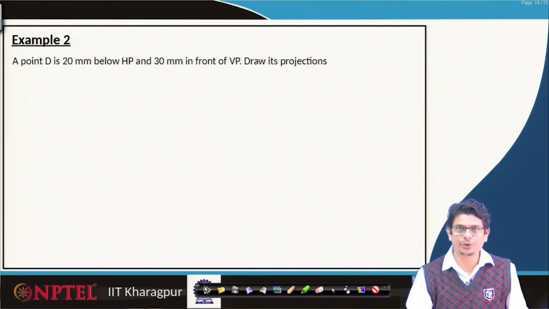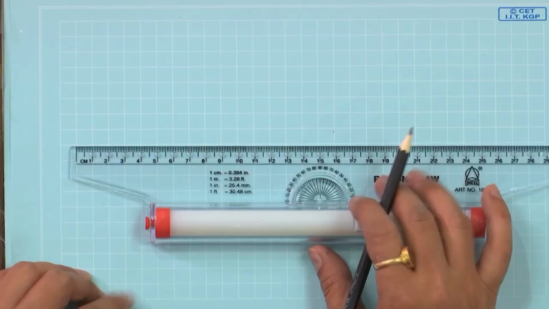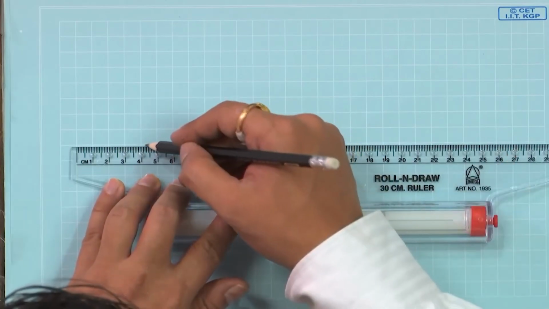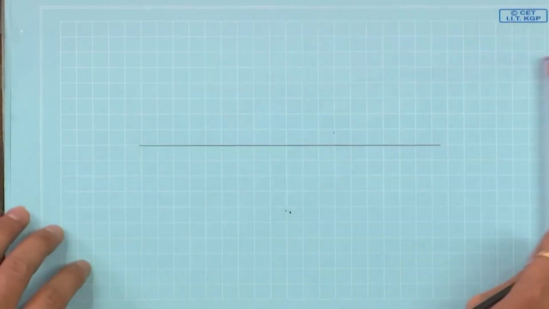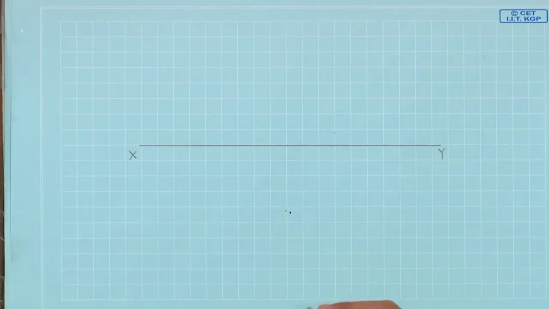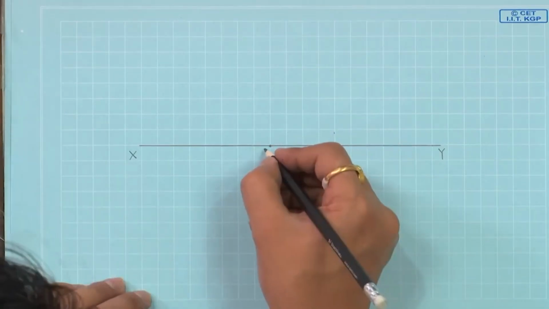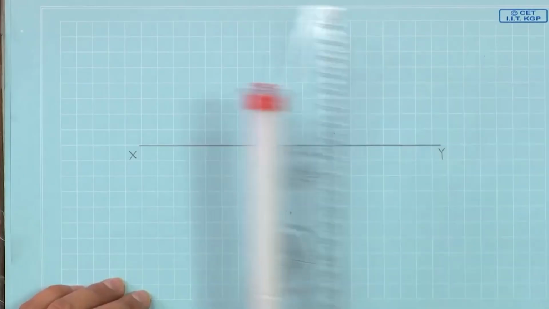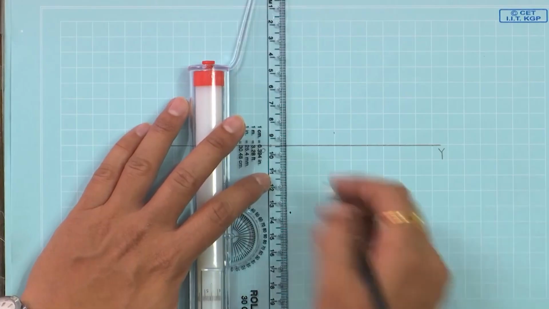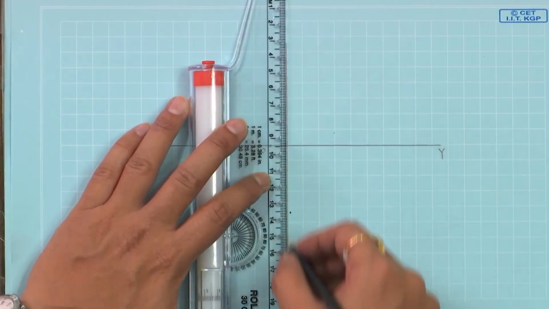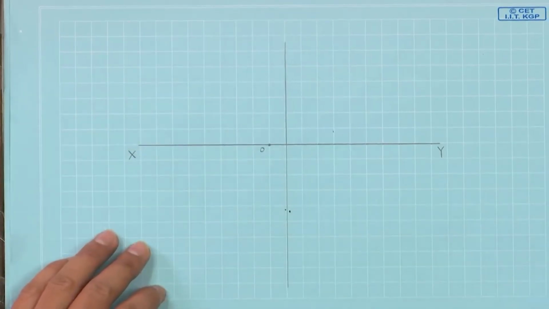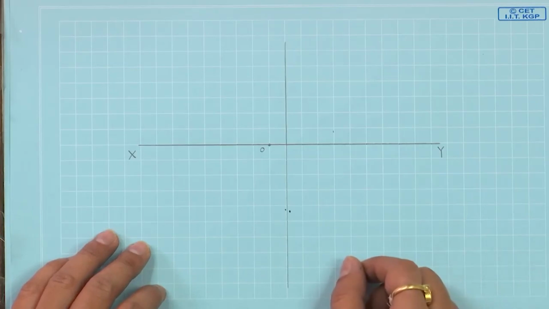So, first of all we have to draw the xy line. Name it x axis, y axis. Somewhere the origin, pick it O. Now, draw a perpendicular line. On this perpendicular line, what we have to do? Point D is 20 mm below the horizontal plane.